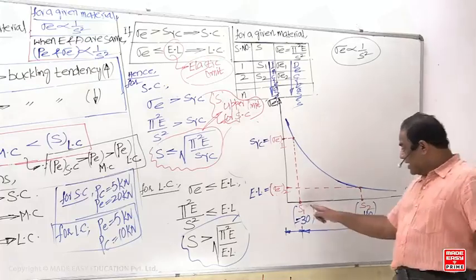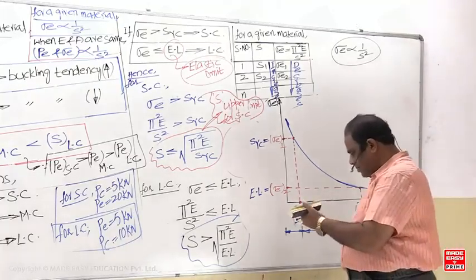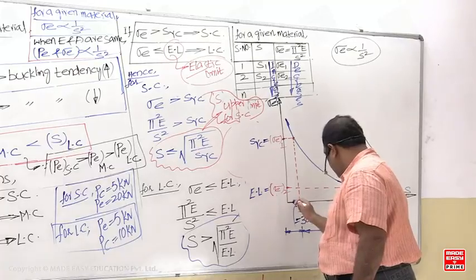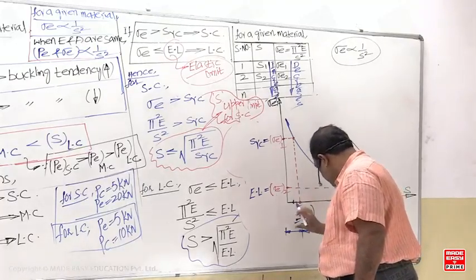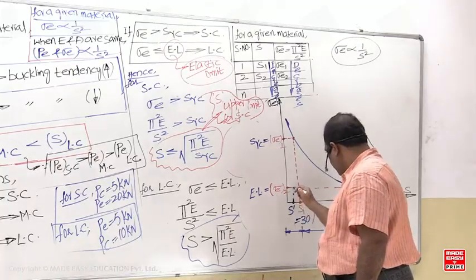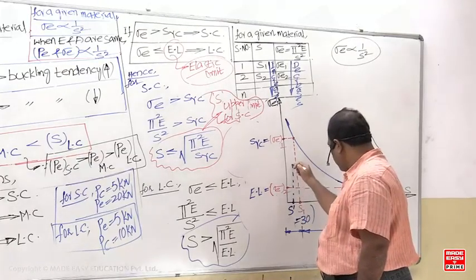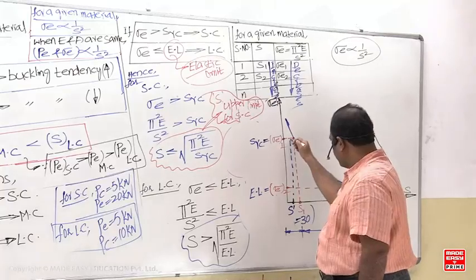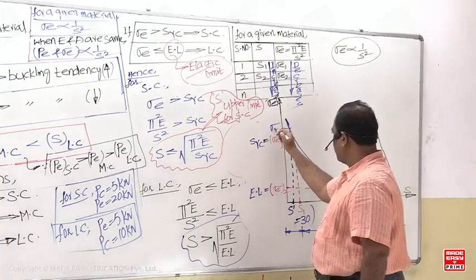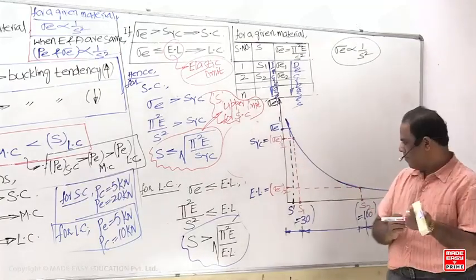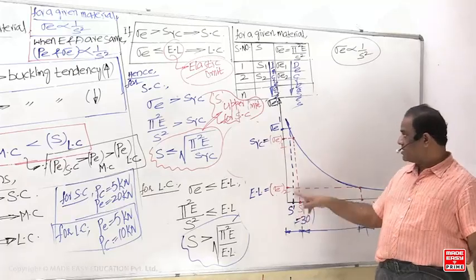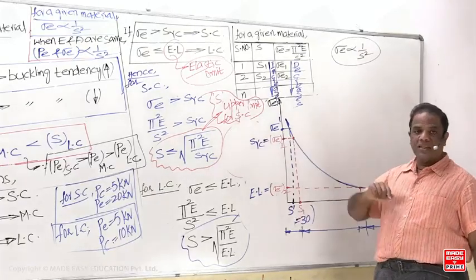Now, if I take any value less than 30, I am calling it S dash. If I take S dash, the y coordinate is sigma E dash.